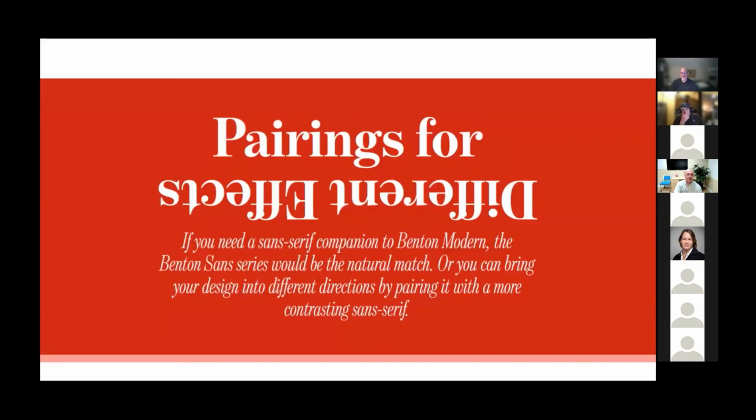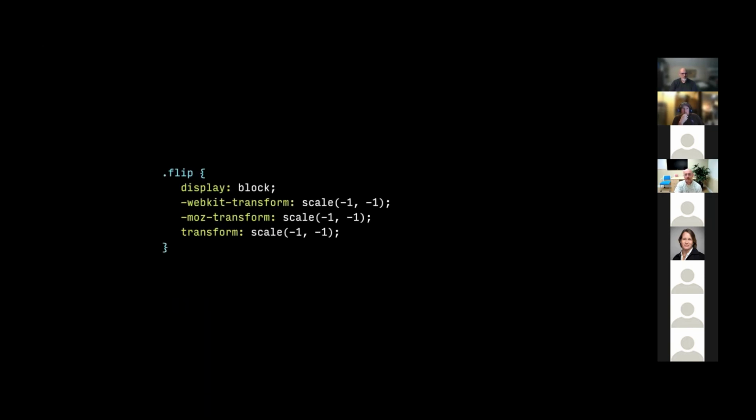All right, the next one is flipped rows, right? Again, this one is also very easy to accomplish with the transform scale rule. Pretty much you can just apply whatever reflection you want with this combination of ones and zeros.